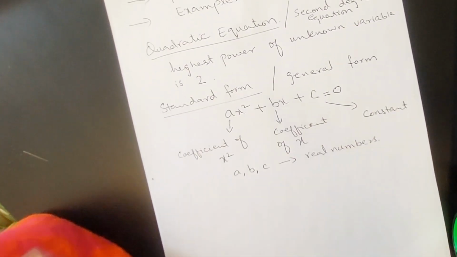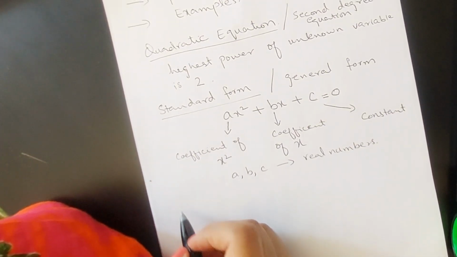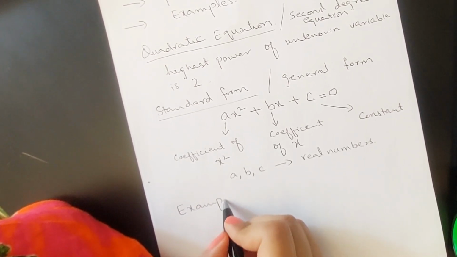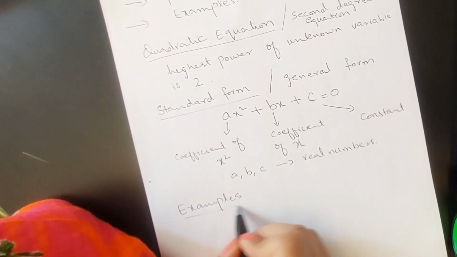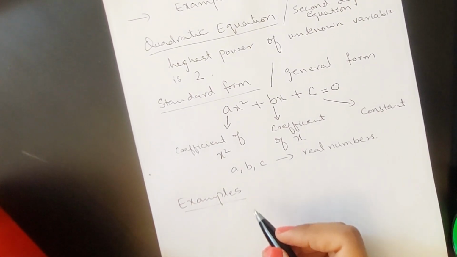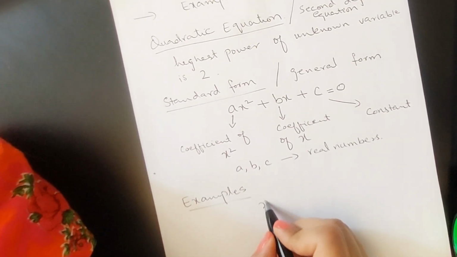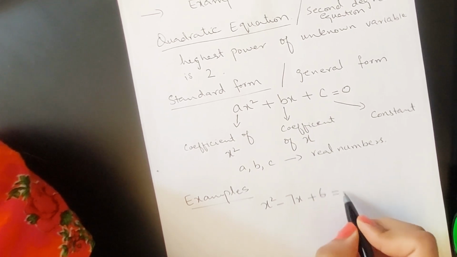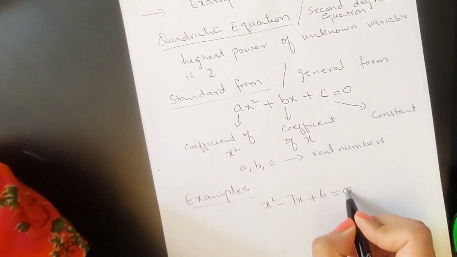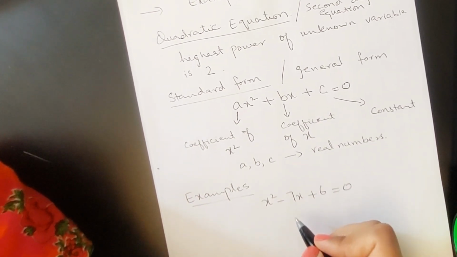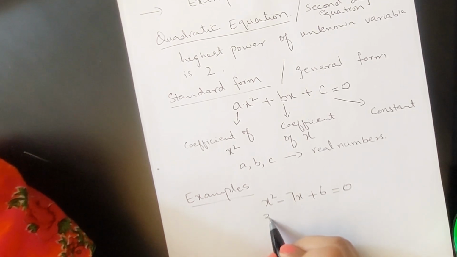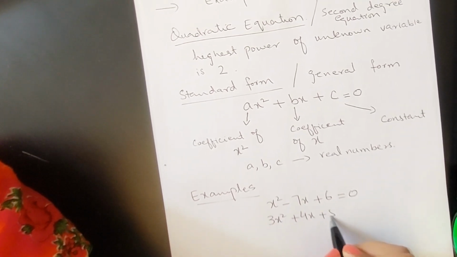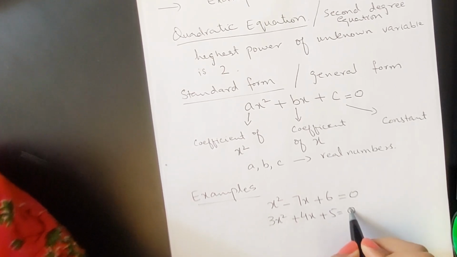Now we will do an example of this quadratic equation. Okay, now I'll give you some examples. For example, if I write x square minus 7x plus 6 is equals to 0. Or maybe if I give you 3x square plus 4x plus 5 is equals to 0.